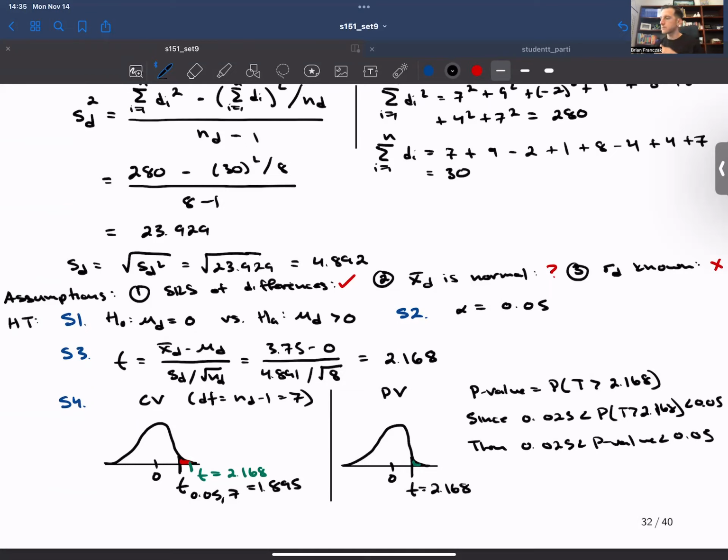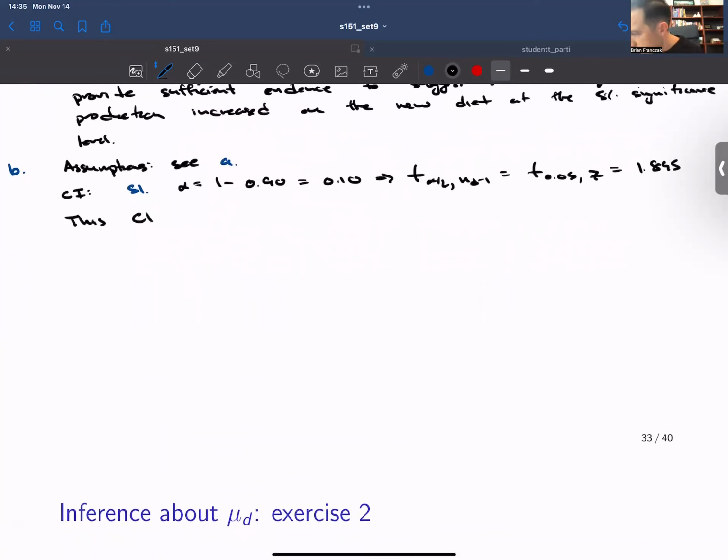So here what we would say is this confidence interval will give two bounds that are greater than 0. Therefore, the CI will not contain 0. All right, so now we just have to verify this.